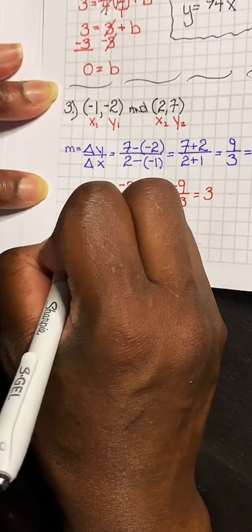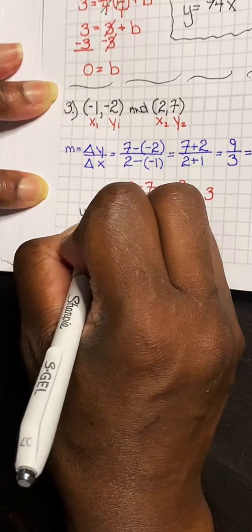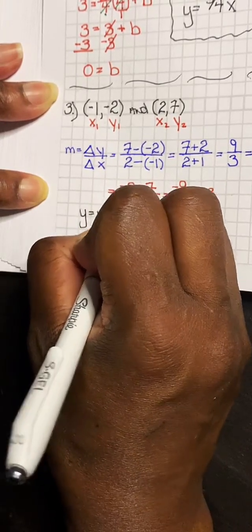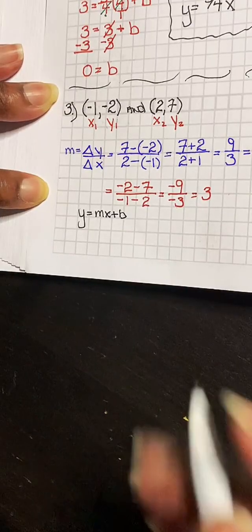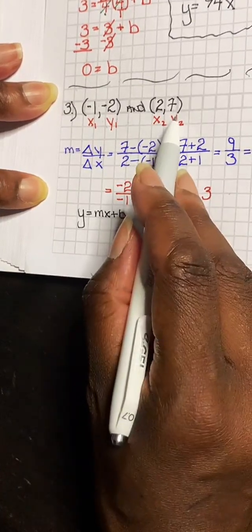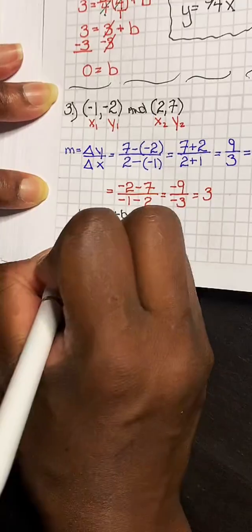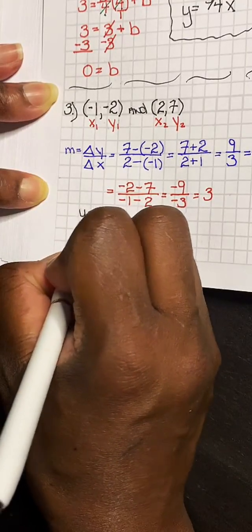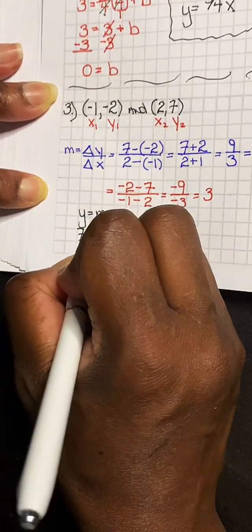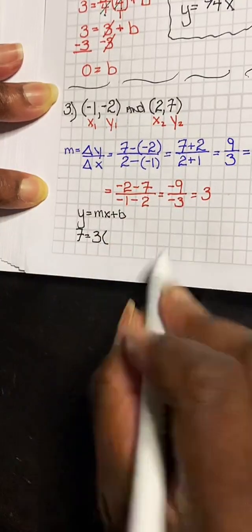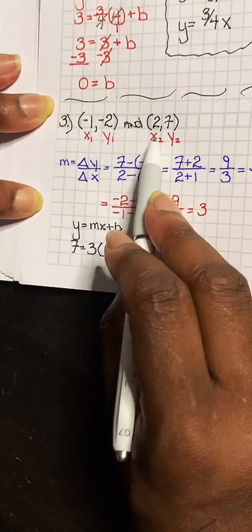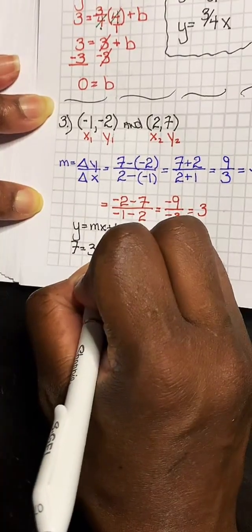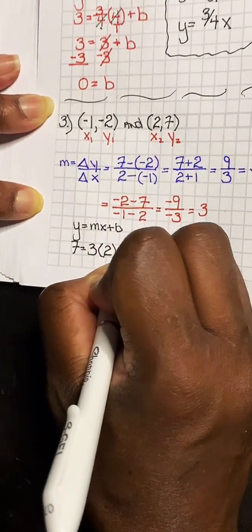Okay, so we have y equals mx plus b. I'm substituting the 7 for my y. We have 3 for my m, because that was the slope. And we're taking the 2 from my point. Plus b.